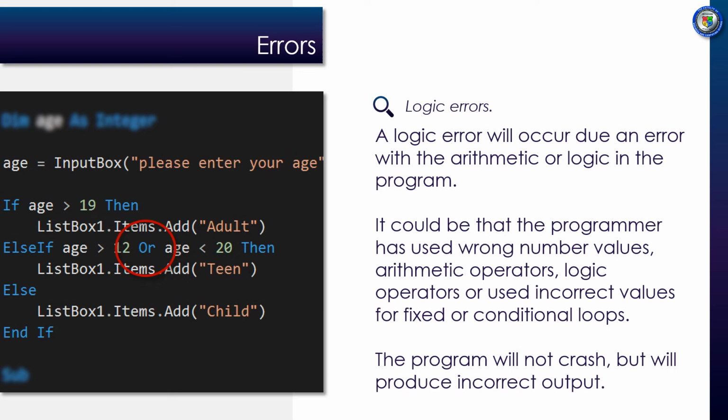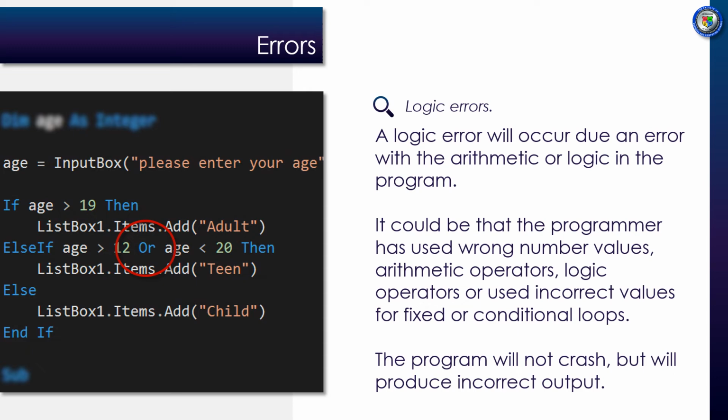In this example, we have used an incorrect logical operator, OR: else if age is greater than 12 or age is less than 20. This should be else if age is greater than 12 and age is less than 20.